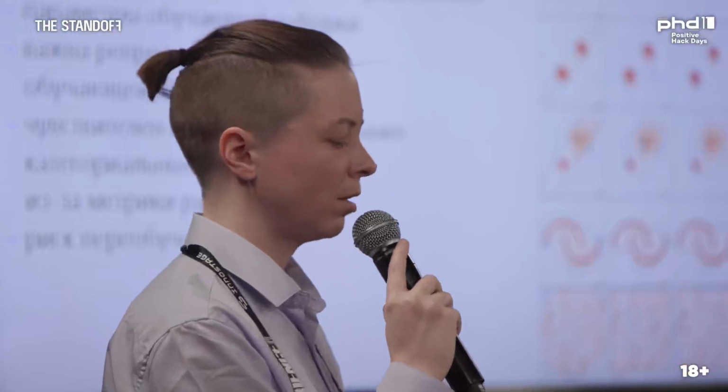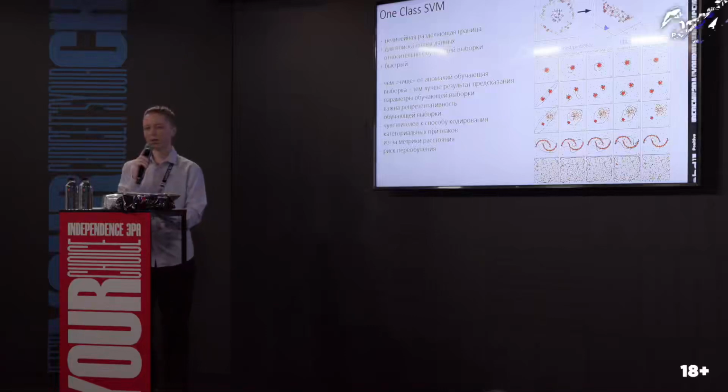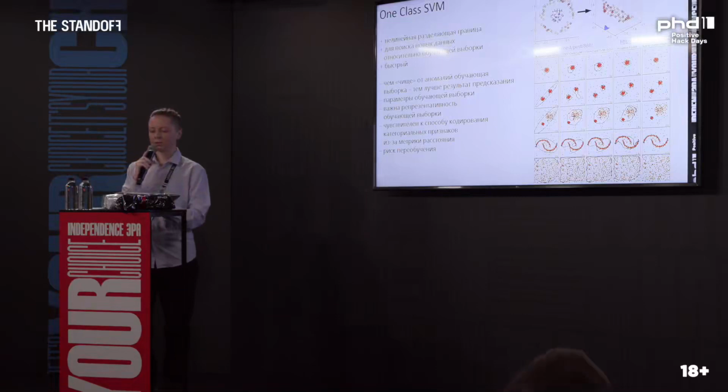The advantage of this algorithm is that it allows making up a boundary, and it is suitable for learning. This prediction method works quite fast, but its feature is that it requires training. So the better, the cleaner our selection for learning, the better the final result will be.